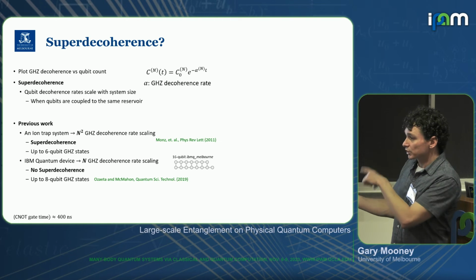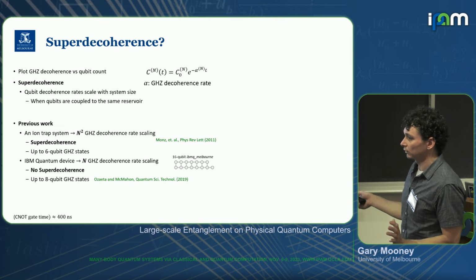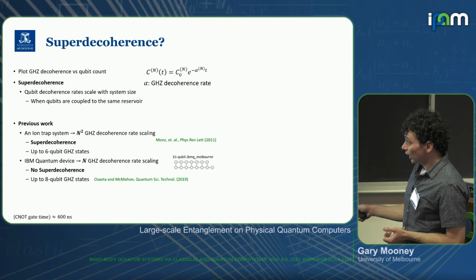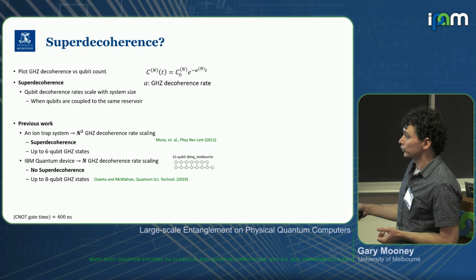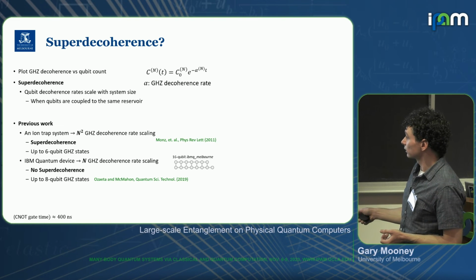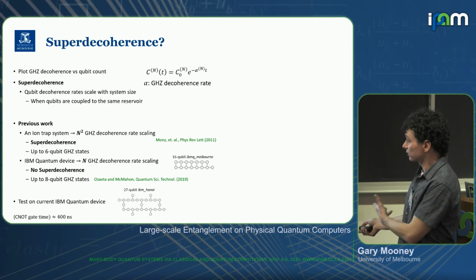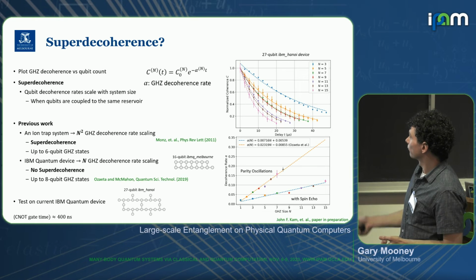But keep in mind that this was just one ion trap system. It doesn't mean they're all like that. Then there was one done on the IBM device as well that showed no super decoherence for an 8-qubit device. That was a few years ago now. So now we're going to be doing tests on the more recent device and a large device as well.